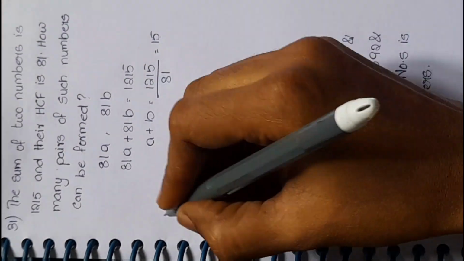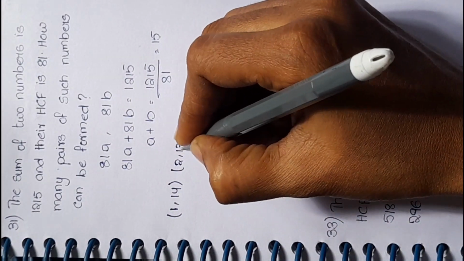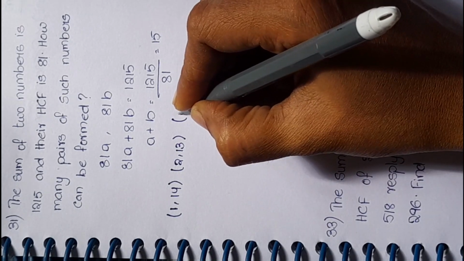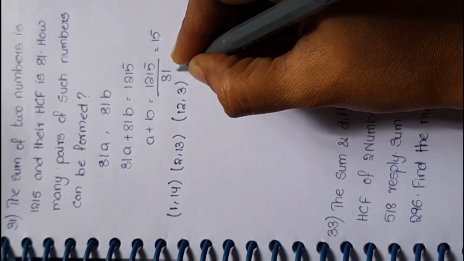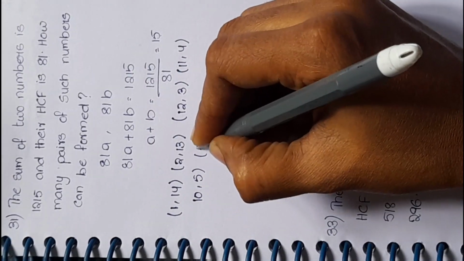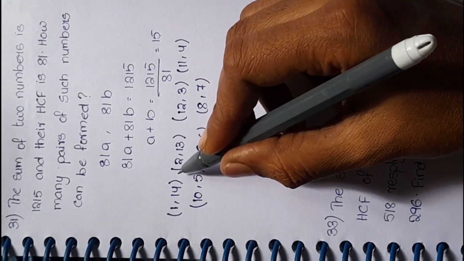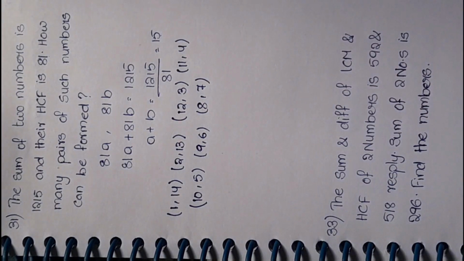Now to get the value 15, A and B must be either 1 and 14, 2 and 13, 12 and 3, 11 and 4, 10 and 5, 9 and 6, 8 and 7. Only these pairs, on adding, give the sum 15.